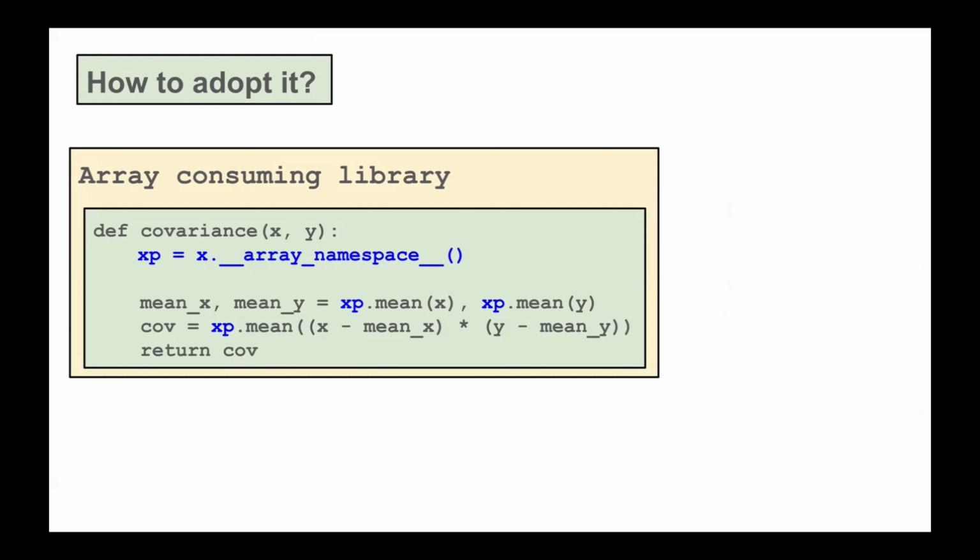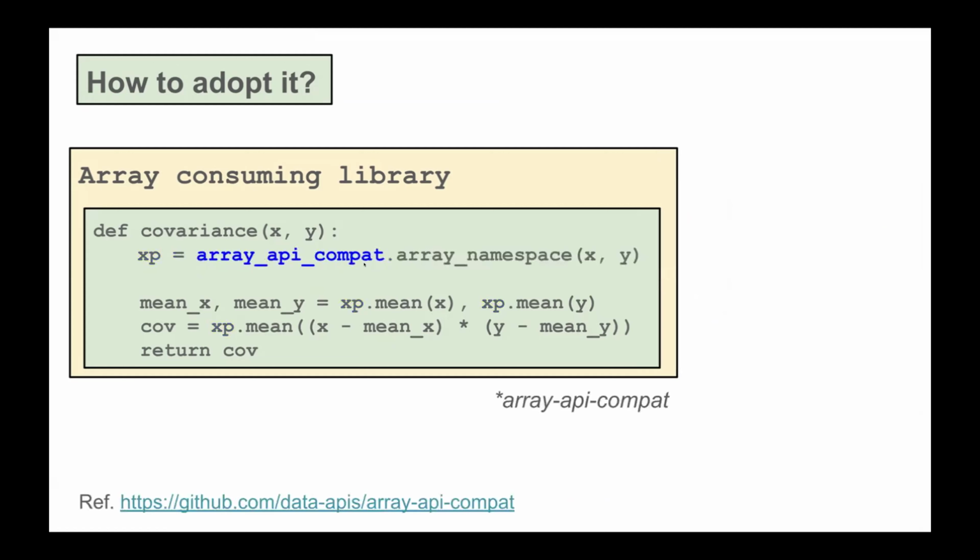But you would have to check that the arrays you are claiming can go into this function actually support this main function. And also there is a compatibility layer, for when some array library has a different name for a function and it's not easy to change it that quickly. So there's array-api-compat.